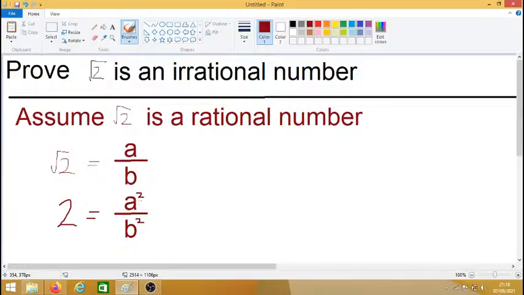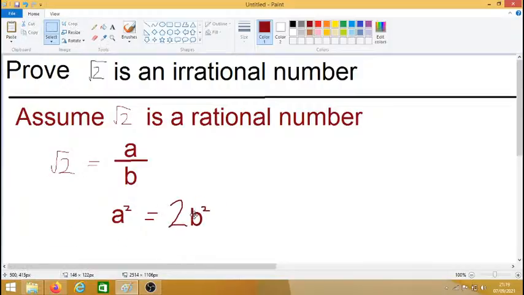Now because I've got a square number, but it says a fraction, it might be easier to work with it when it's not a fraction. So let's take the b squared onto the other side. Let's multiply by b squared. So now the fraction has disappeared, and I've got something that's easier to look at. Let's swap the sides around.